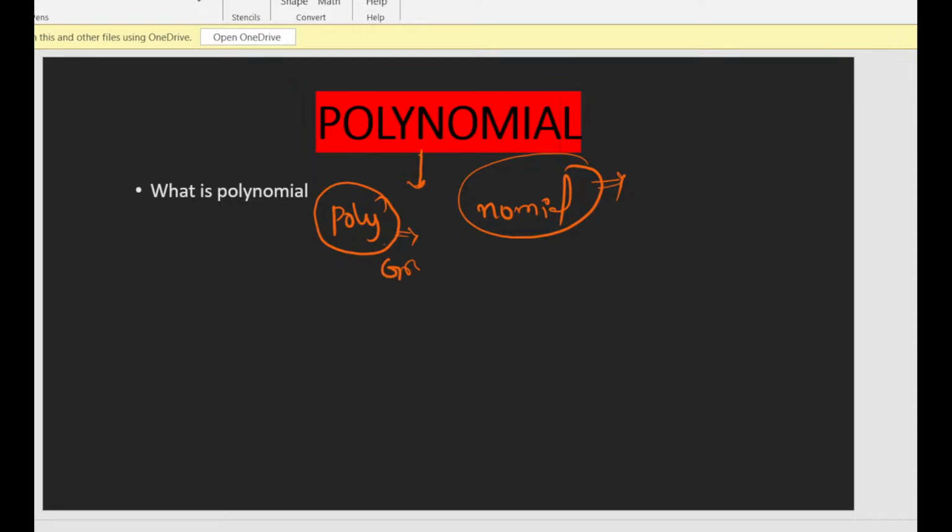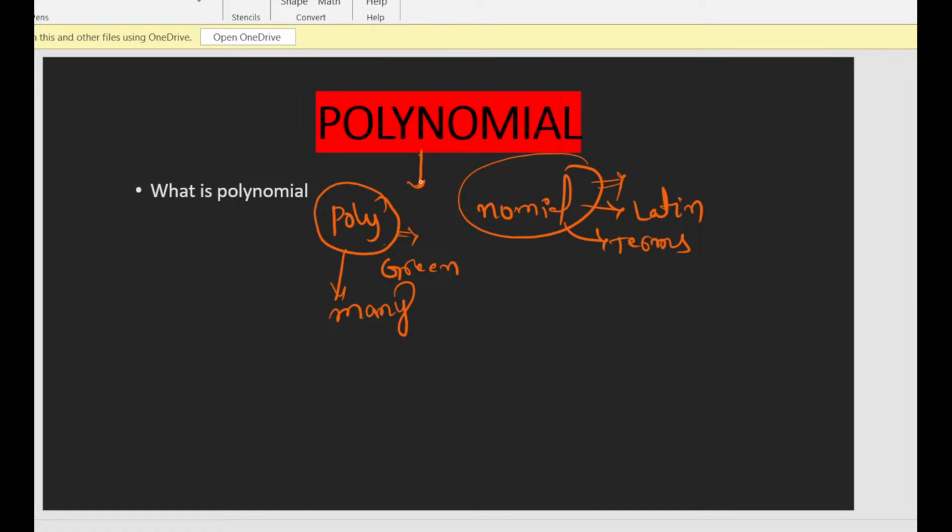Poly is a Greek word. Nomial is a Latin word. What is the meaning here? Poly means many. Nomial means terms, so many terms.